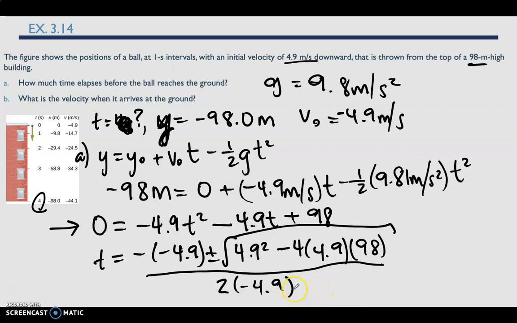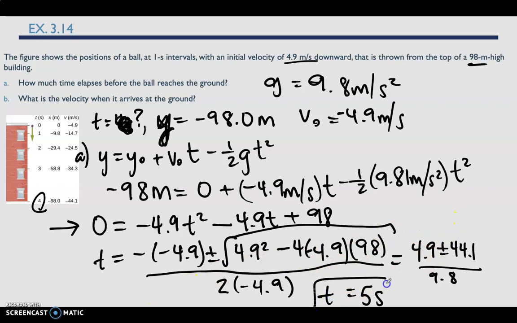You can go ahead and do this in your calculator. Let me do that real quick. I went ahead and quickly did that in my calculator, and I got 4.9 plus or minus 44.1 over 9.8. Now, with the plus or minus, you want to just remind yourself that time can't be negative, so that'll definitely tell you which one to use. And in doing so, I got that time is equal to 5 seconds.